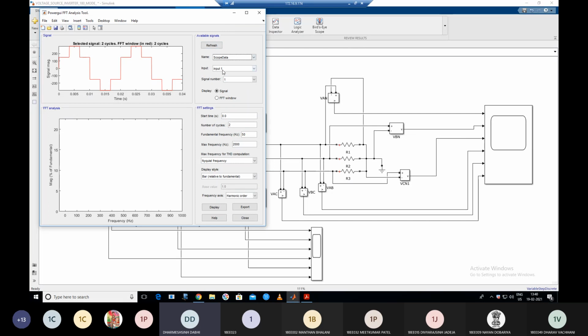So let's run this and check what harmonics are contained in this output voltage.